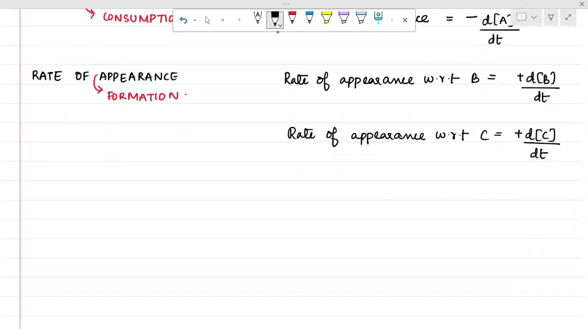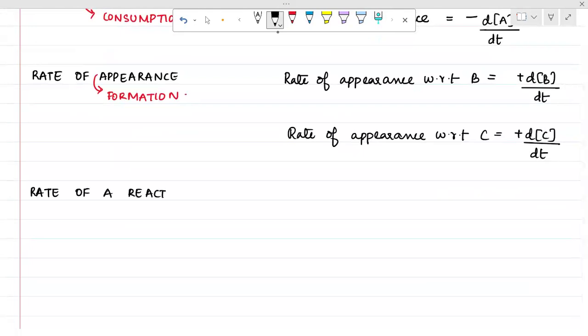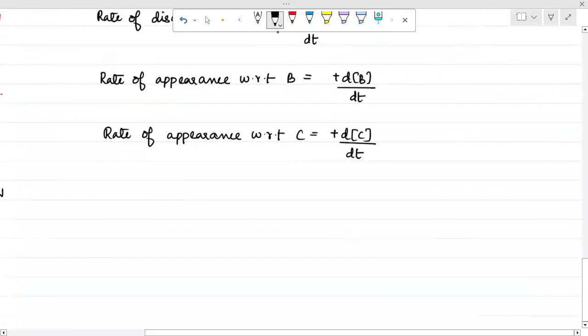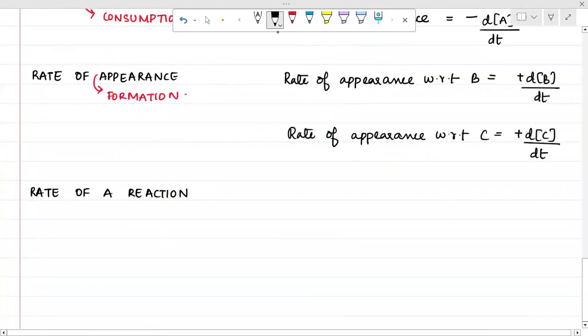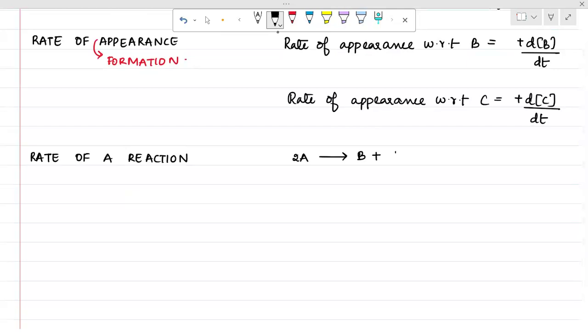So note down the next point. How is it different from rate of a reaction? Rate of a reaction is very simple. For example, we have the same reaction, 2A giving you B plus C. When you write the rate of the reaction or speed of a reaction, you have to consider the stoichiometric coefficient.